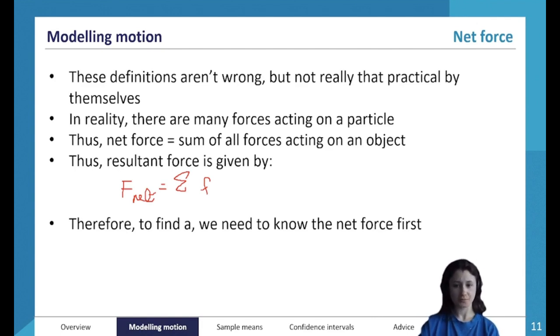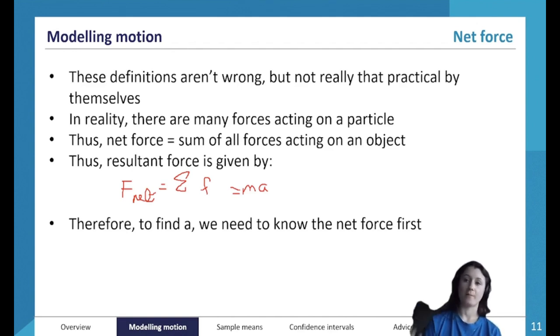And as a result of that, this is equal to MA. Because remember, F net is equal to MA. You find the net force and you have the mass of the object, you can find how it will accelerate. So, as a result of that, to find the acceleration, we need to find the net force first.